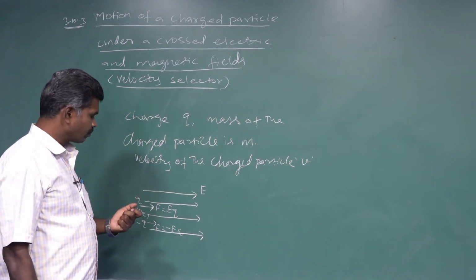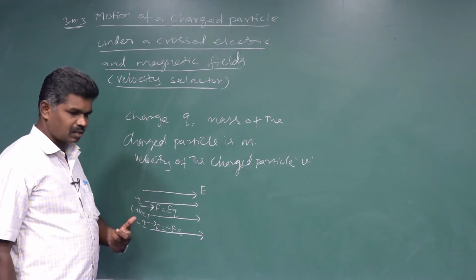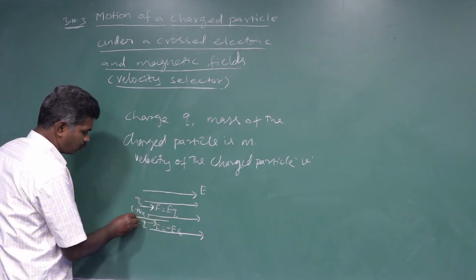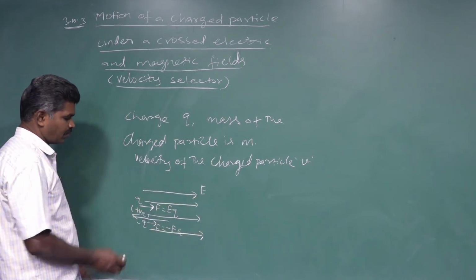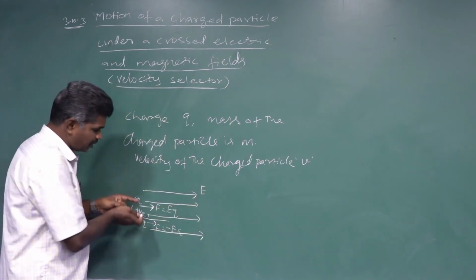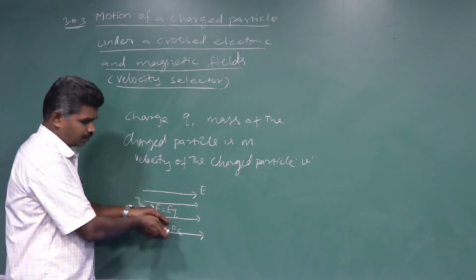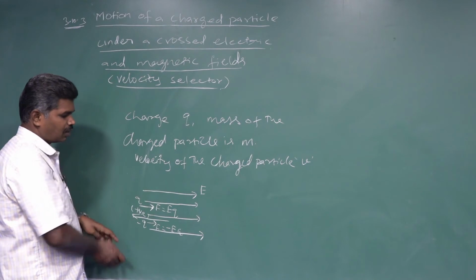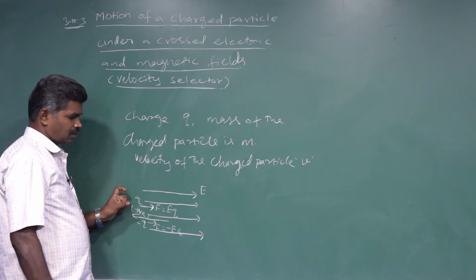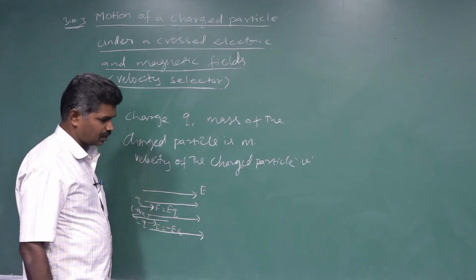So the charged particle is retarded, and at a certain time the velocity becomes 0 and it turns back. So a positive charge moving along the electric field is accelerated along the electric field. A negative charge is accelerated opposite to the direction of the electric field. If we move the charged particles in the direction of the electric field, the particles are accelerated.